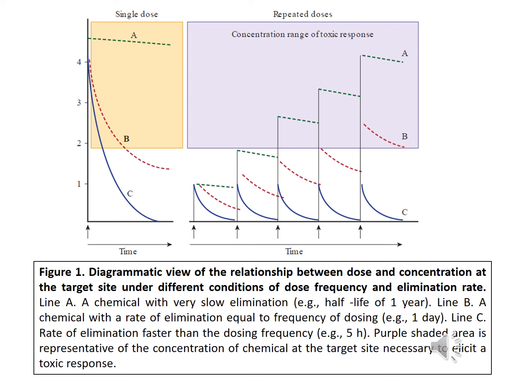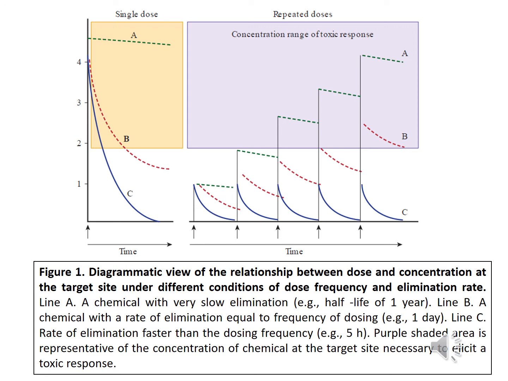B represents a chemical with a rate of elimination equal to the frequency of dosing, for example, 1 day, while C represents a chemical with a rate of elimination faster than the dosing frequency, for example, 5 hours. In this diagram, a theoretical toxic concentration has been assumed to be 2 units.